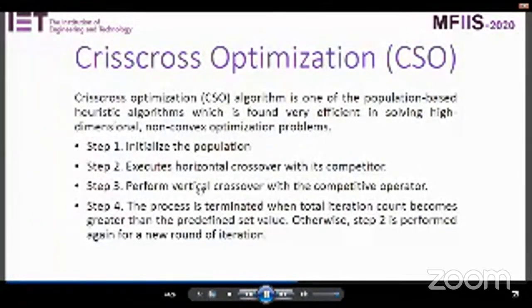Step 2 executes horizontal crossover with its competitor, whereas step 3 performs vertical crossover with the competitive operator. Step 4 is basically the stopping criteria. The process is terminated when the total iteration count becomes greater than the pre-specified set value. Otherwise, step 2 is repeated again to initiate another set of iteration.